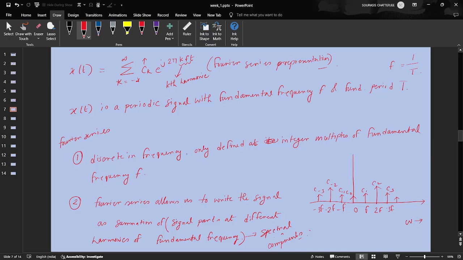So frequency domain representation is immensely useful because it reveals the spectral components of x(t). You get to know what frequencies are contained in x(t), and usually it's not only the fundamental frequency; some amount of power, no matter how small, also remains at harmonics of these frequencies. So that is what the Fourier series is about. But remember, the Fourier series is only defined for periodic signals.